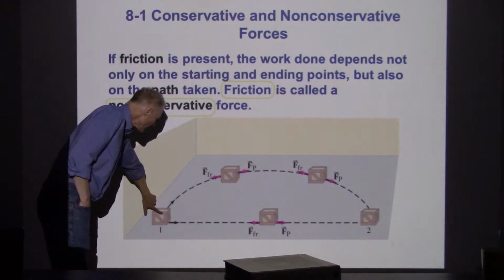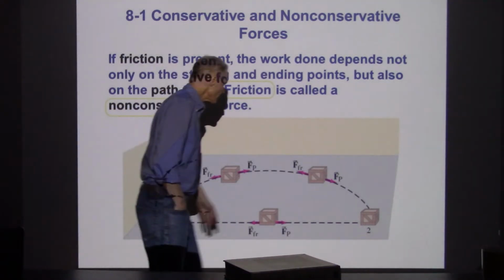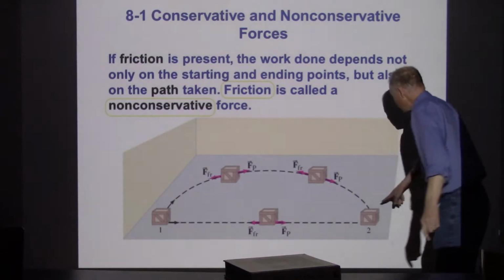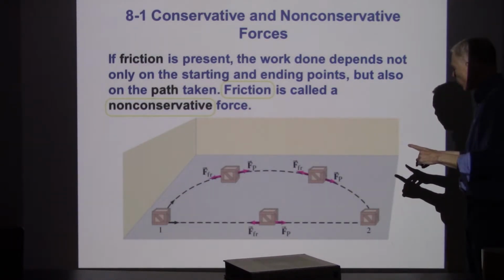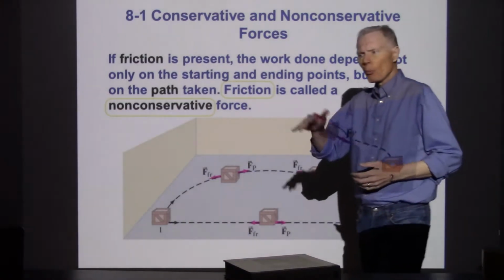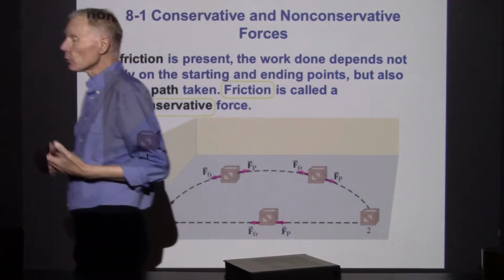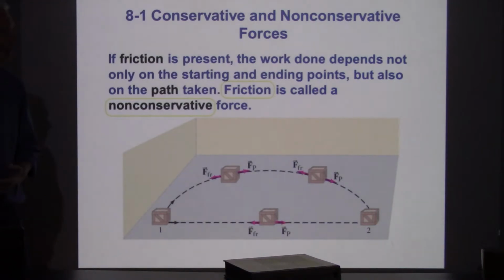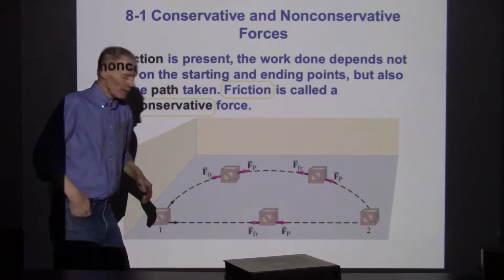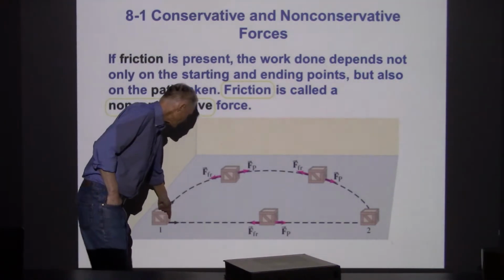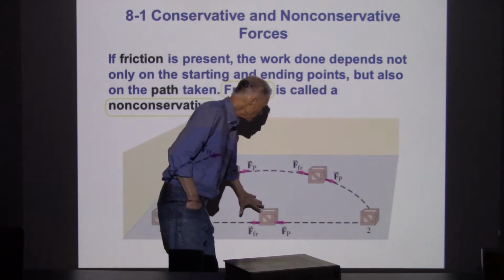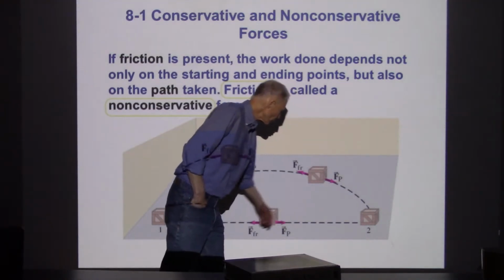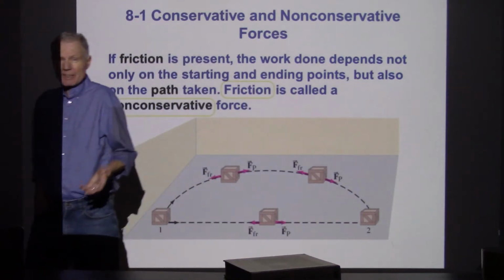If we start at location 1 and we identify some other point on the floor over here, the energy that's going to be required to get from position 1 to position 2 is going to depend on what path we take. So if we take a direct path, it's shorter, and the amount of energy we'll lose due to the frictional force probably will be less.